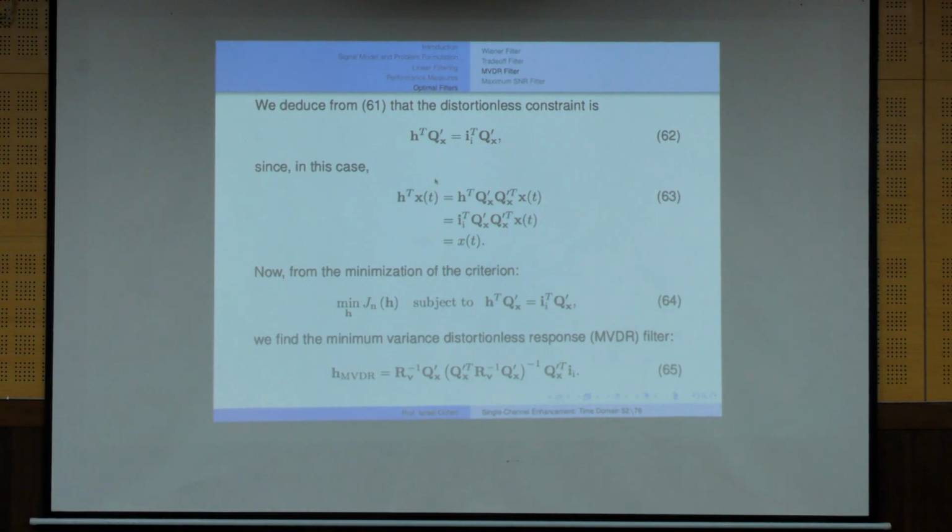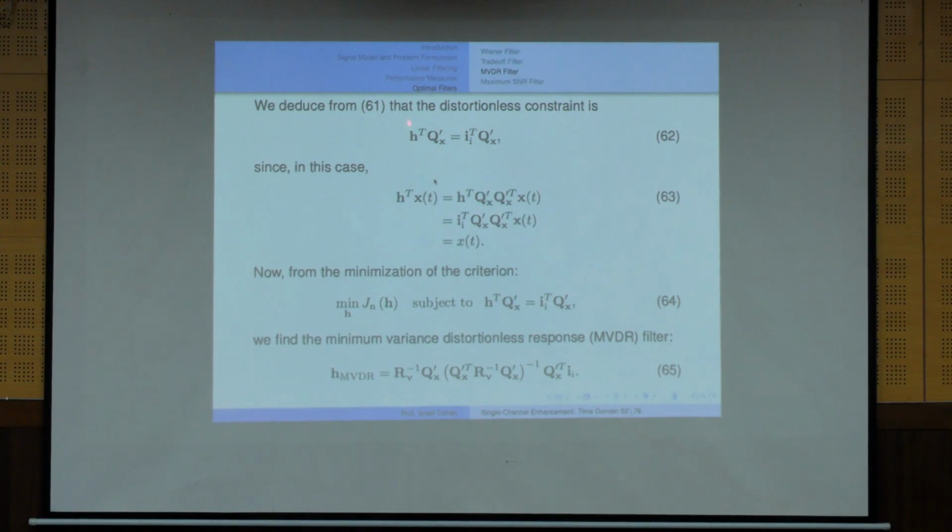So what is the constraint? That H transpose X equals X. It's equivalent to say that we apply H transpose to any Qx_i from i equals 1 to P, and it remains the same.